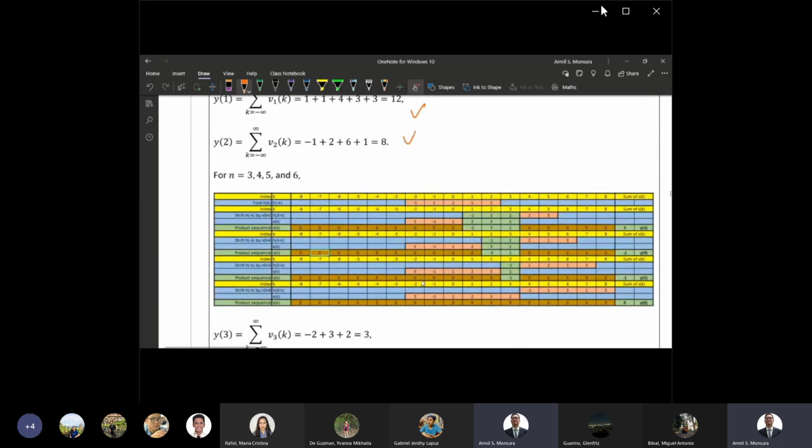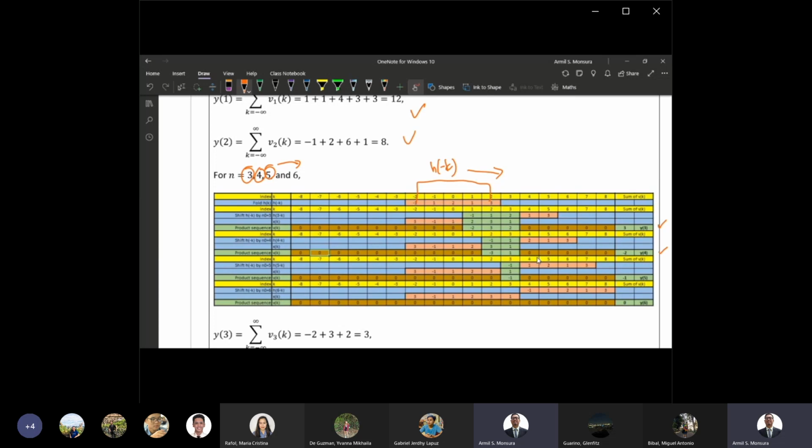And then, for the rest, for n equals 3, 4, and 5, kung titingnan natin yung n equals 3 dito, this is for shift na equal to 3. This is shift na equal to 4. Mapapansin nyo ngayon, at this point, positive na yung shift. So if the shift is positive, ito yung original na h ninyo. Pag positive na yung shift, dapat nasa kanan na nung original na h of negative k yung shifted version.